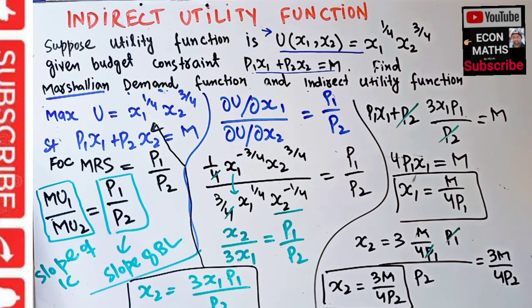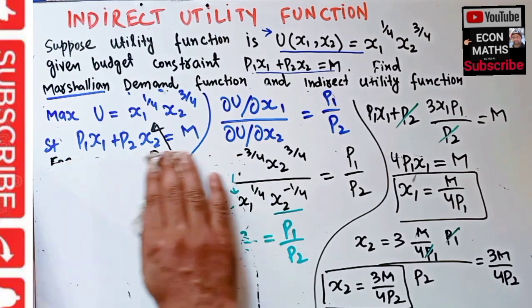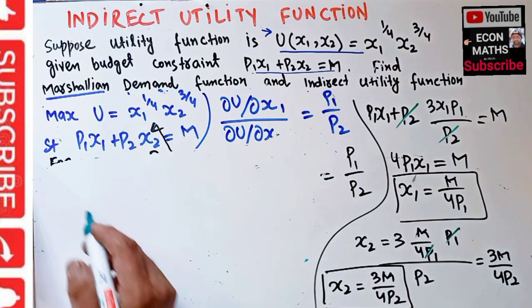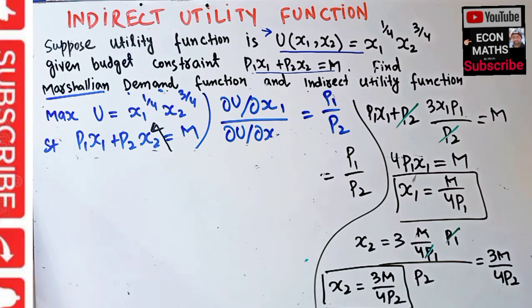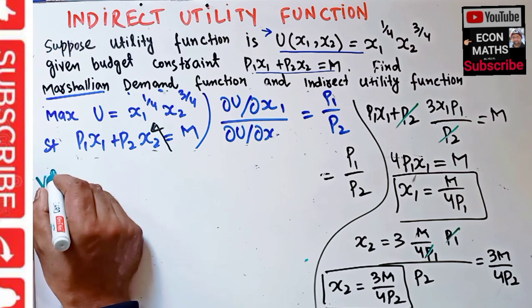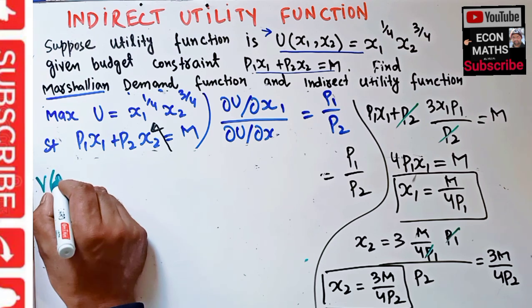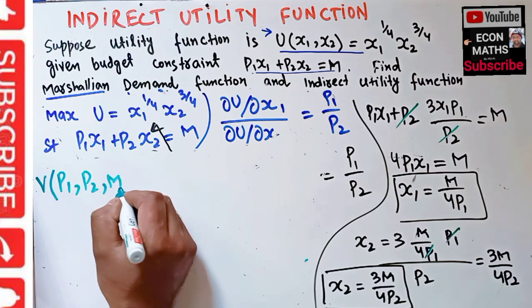Now, to find the indirect utility function, let me rub this out. Simply plug the Marshallian demand functions into the direct utility function. The indirect utility function is actually a function of income and prices. Let us denote it V, that is, utility as a function of the price of good 1, the price of good 2, and income.